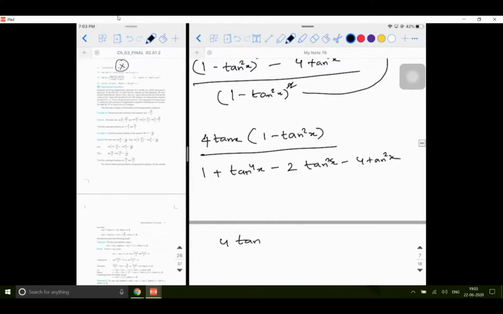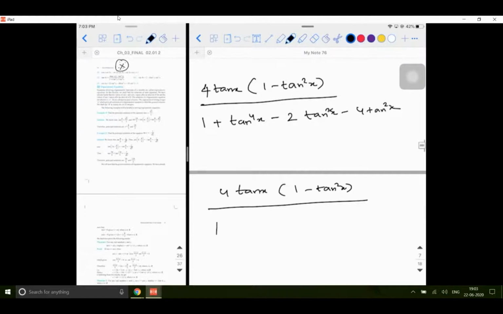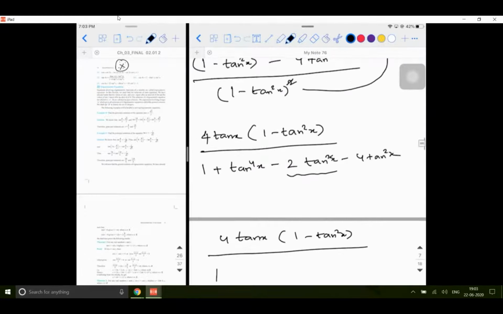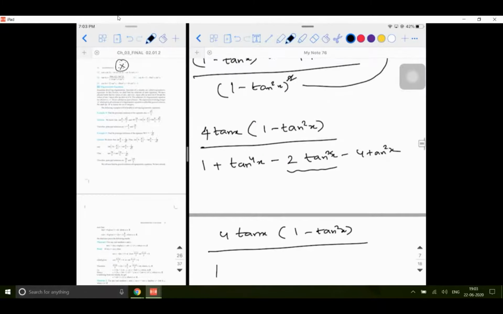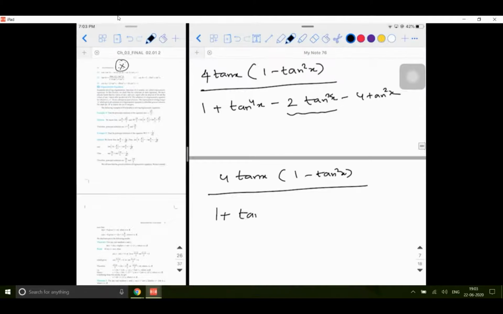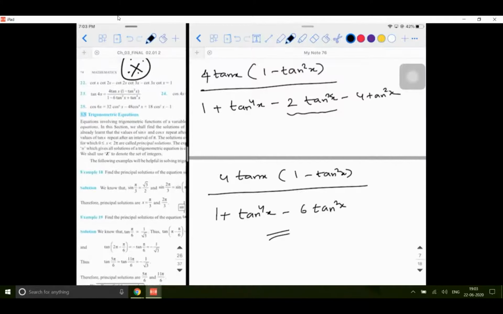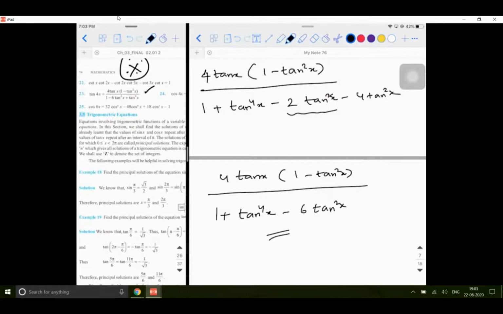So what are you going to get? 4 tan x into 1 minus tan square x, divided by 1 plus tan power 4x minus 6 tan square x. And this is what you need to do. That is 4 tan x into 1 minus tan square x divided by 1 minus 6 tan square x plus tan power 4x. Is it clear?